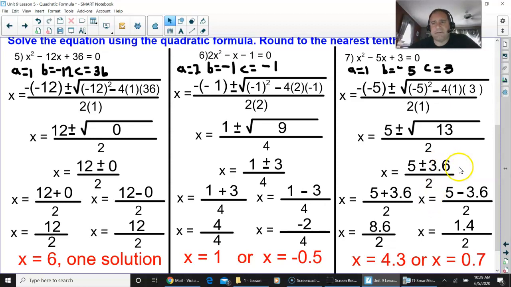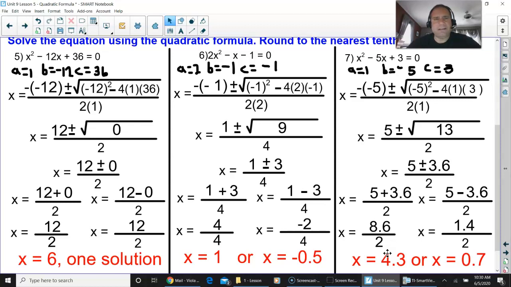You round it to the nearest tenth. Divided by 2, so you have 5 plus 3.6, and then 5 minus 3.6. So you're all dividing by 2. 8.6 divided by 2, 1.4 divided by 2. You get x equals 4.3, or x equals 0.7.